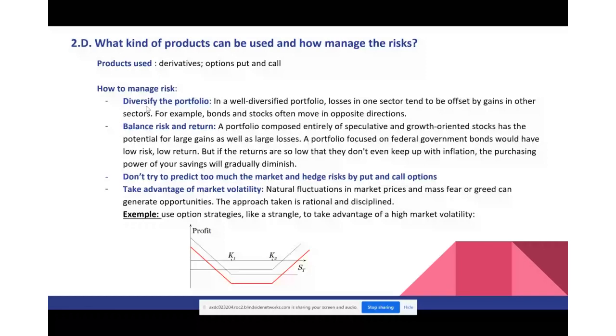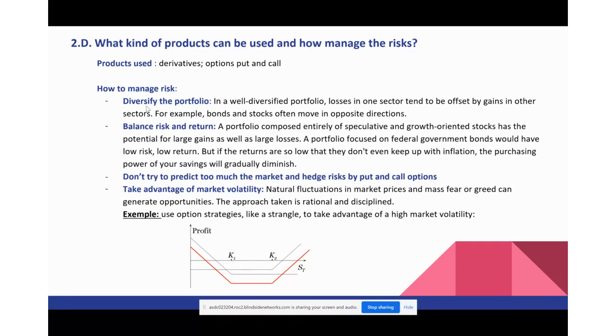We can also use swap derivatives like currency swap to avoid currency risk, like CDS to mitigate credit risk, or interest rate swap too. And we can take advantage of market volatility. It's another way to use derivatives.